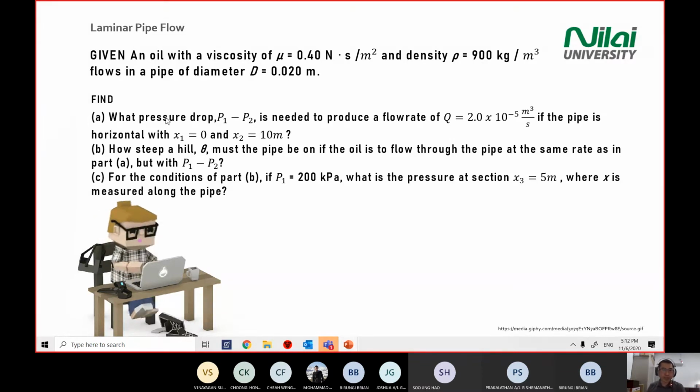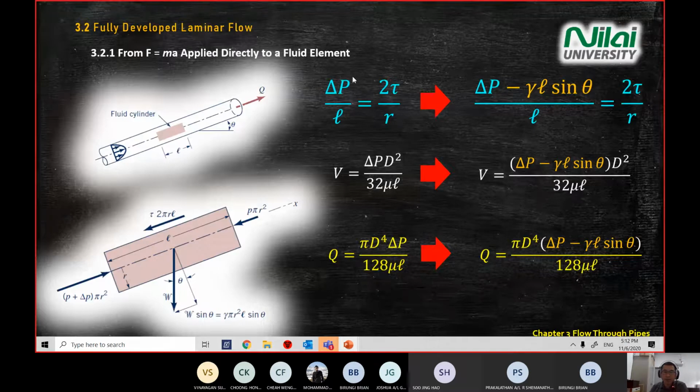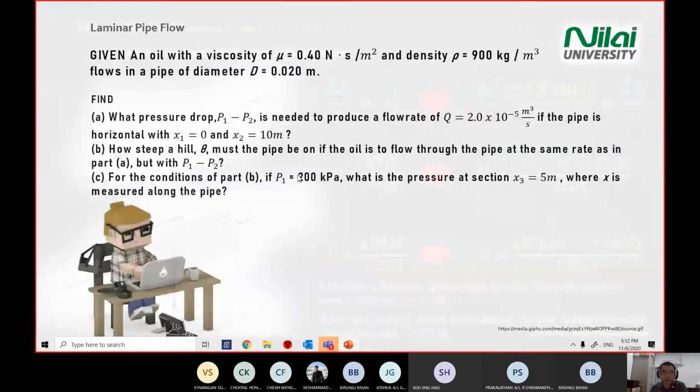The first one, we find the pressure drop, which is delta P. We need to find delta P to create flow rate Q of a certain value. If the pipe is horizontal, it means we use the equations on the left just now. We use these three equations to solve this question. And we have our length. Our length is 10 meters because we take x2 minus x1, you get 10. It becomes your L.